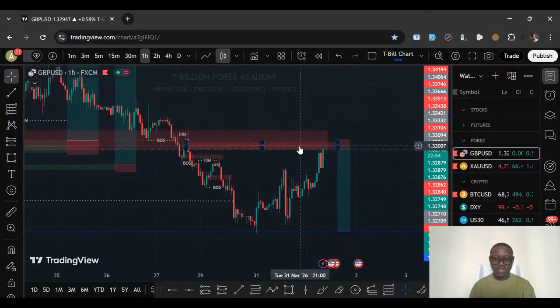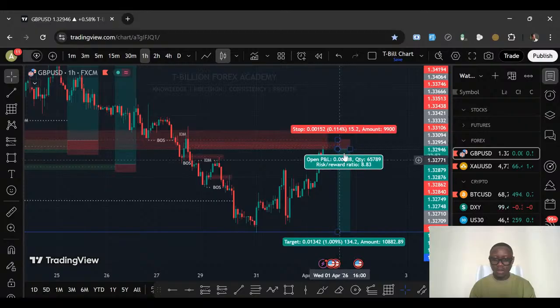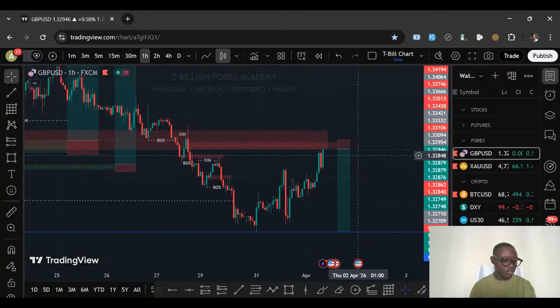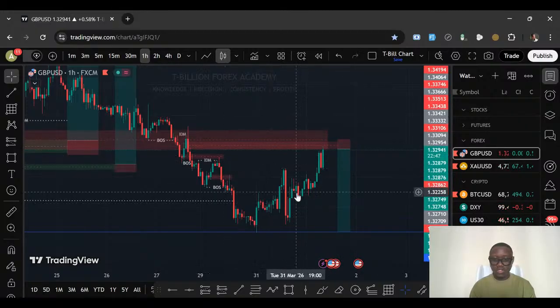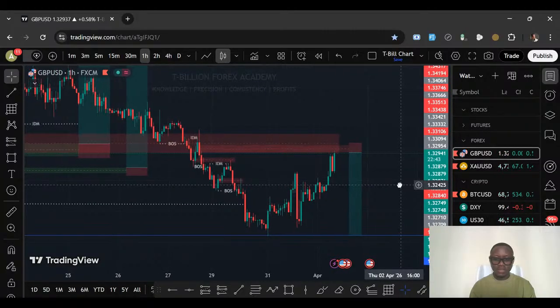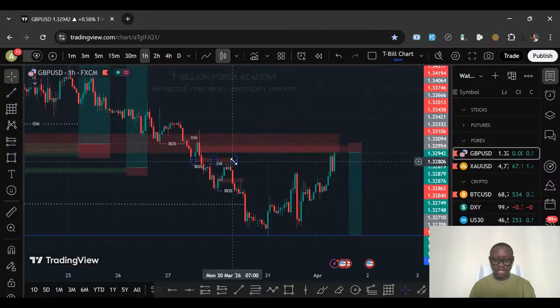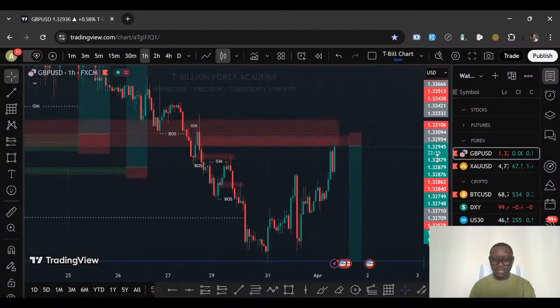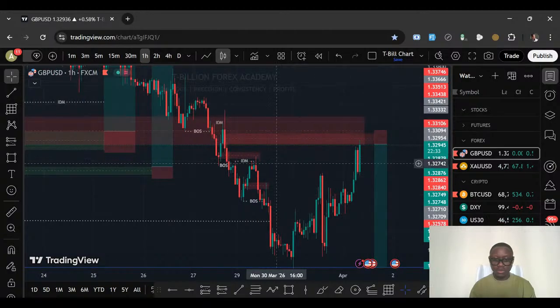I just moved the position to the extreme left since we've got a lot of price action. Since our last session, we got a lot of other opportunities like this. This was a fantastic entry we got here.